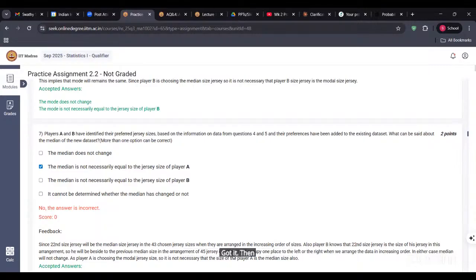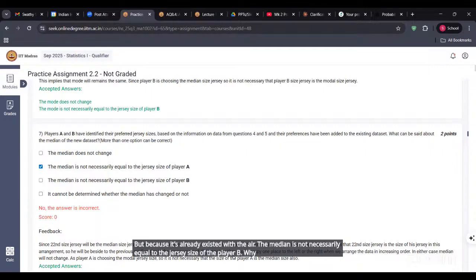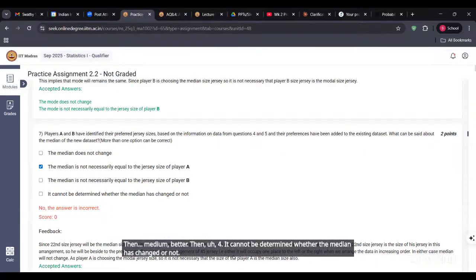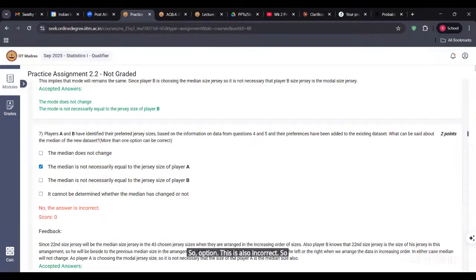Then the third option, the median is not necessarily equal to the jersey size of player B, is correct. Why? Because already A is in that median range. A was the mode and B was the median, right? Correct. Then the fourth, it cannot be determined whether the median has changed or not, is also incorrect. So options A and C are correct.